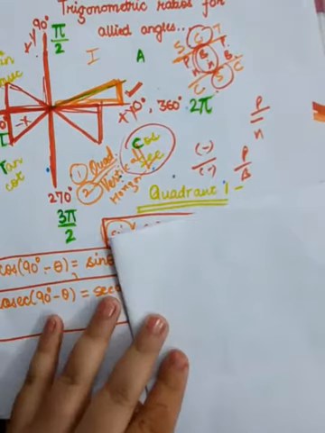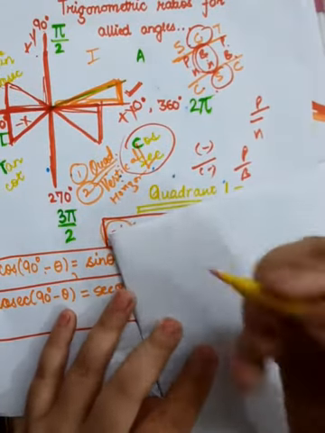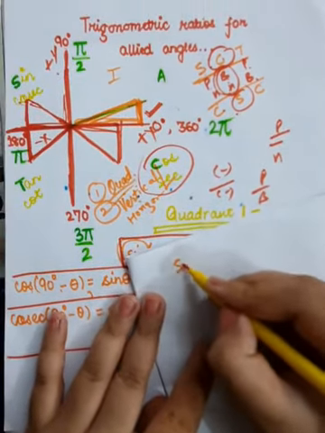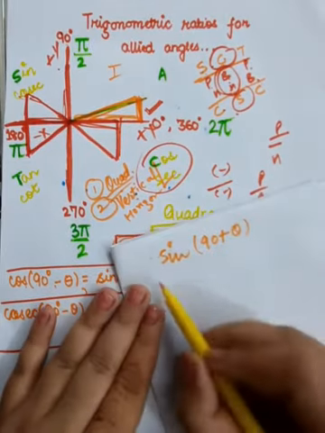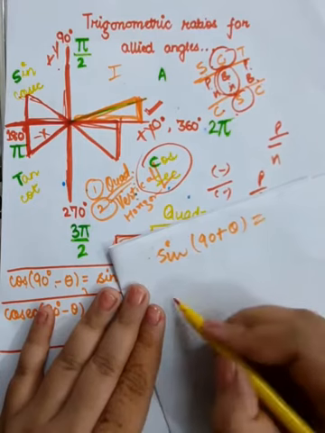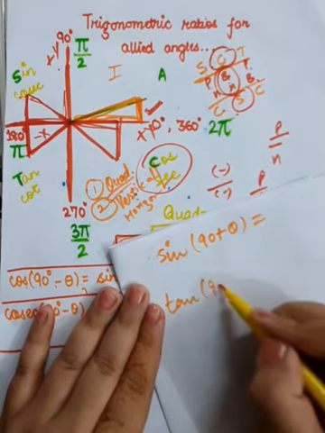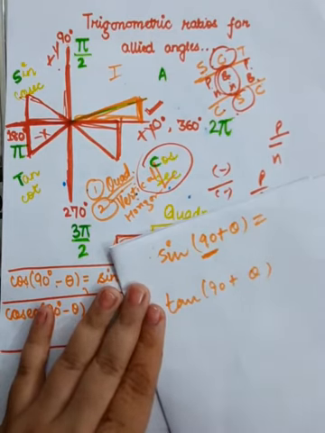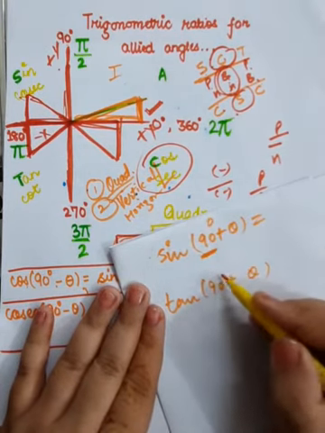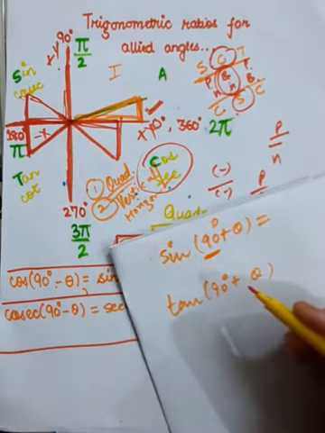Right? Just wait. Now suppose you have sine 90 plus theta, and then you have tan 90 plus theta, and here in place of 90, pi by 2 can also be written. Remember that 90 means 90 degrees, pi by 2 means pi by 2 radians.